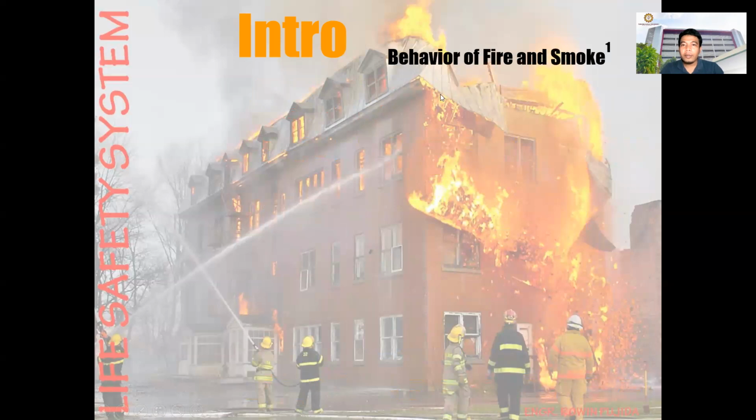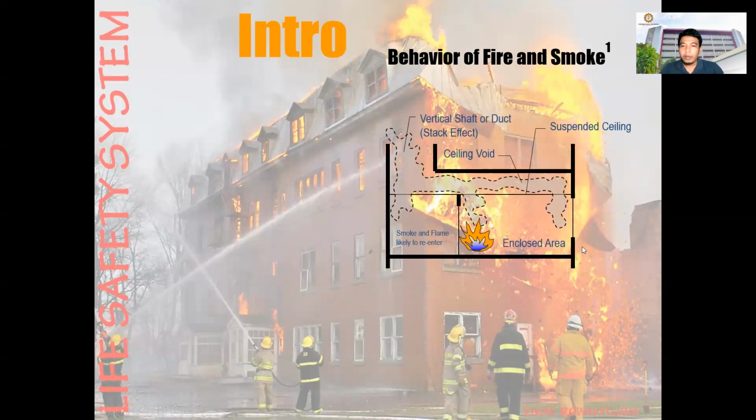So let's now have the behavior of fire and smoke. If you are in a fire area, the smoke usually rises in the air, so you have to crawl so that you cannot be suffocated by the smoke in the flame.